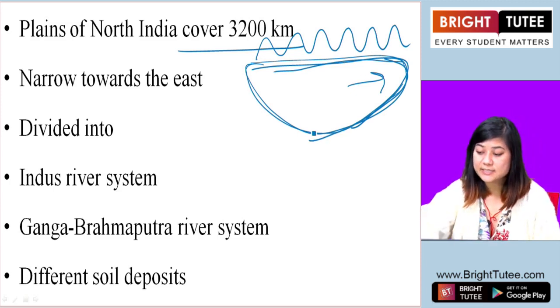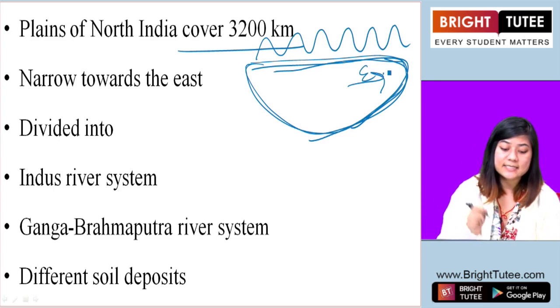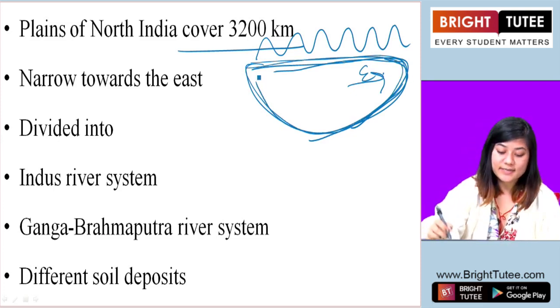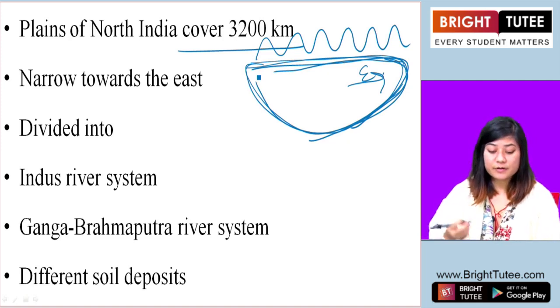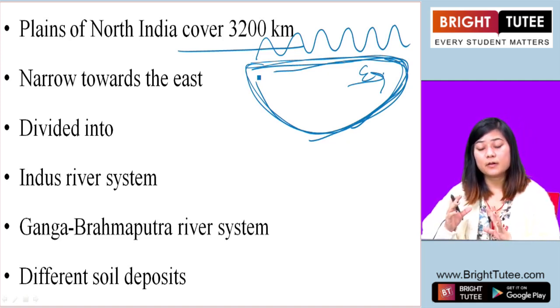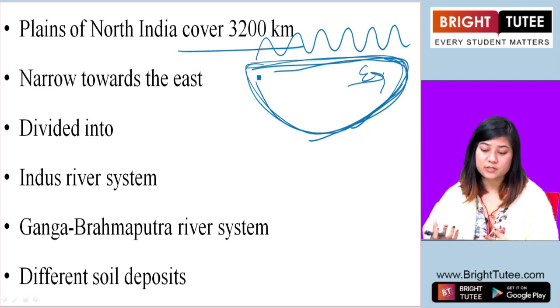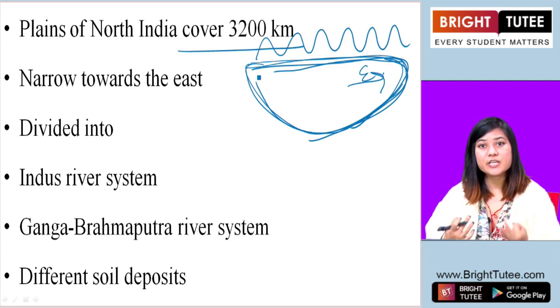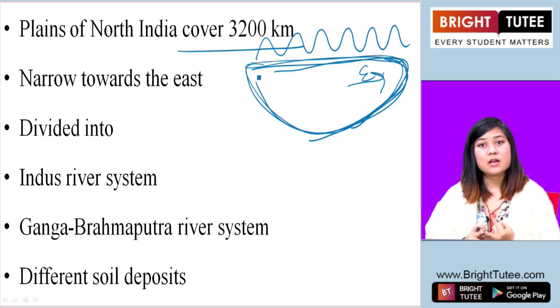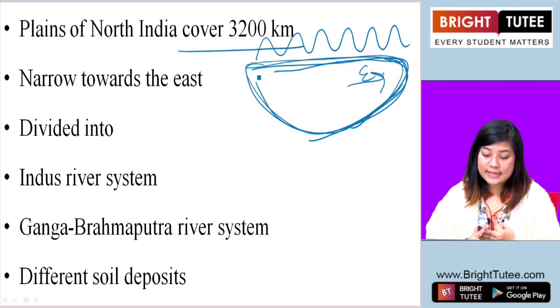This plain can be divided by the river system because of the role played by the rivers. We already said that three rivers play an important role in the formation of these plains: the Ganges, the Brahmaputra and the Indus.